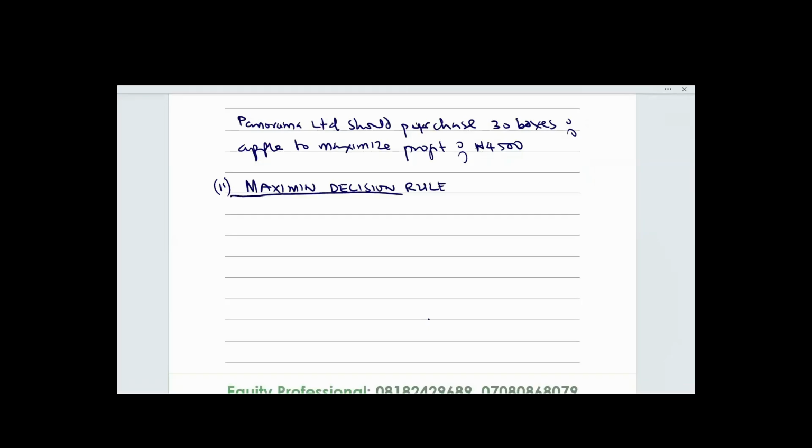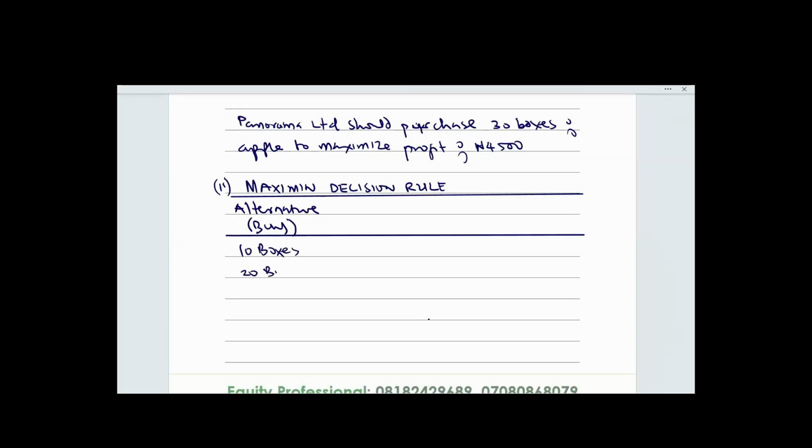Again, we draw the table. Alternative courses of action is to buy 10 boxes, 20 boxes, and then 30 boxes of apple under each state of nature.